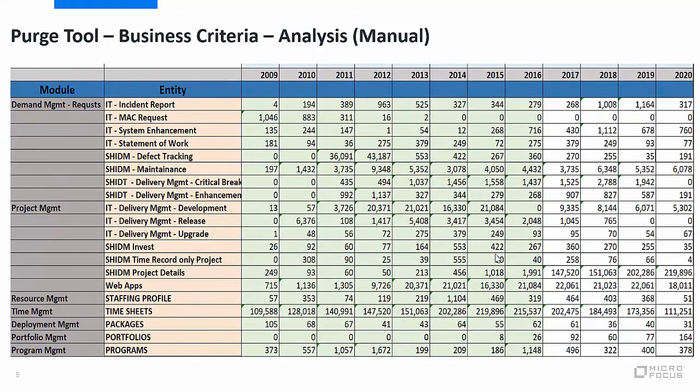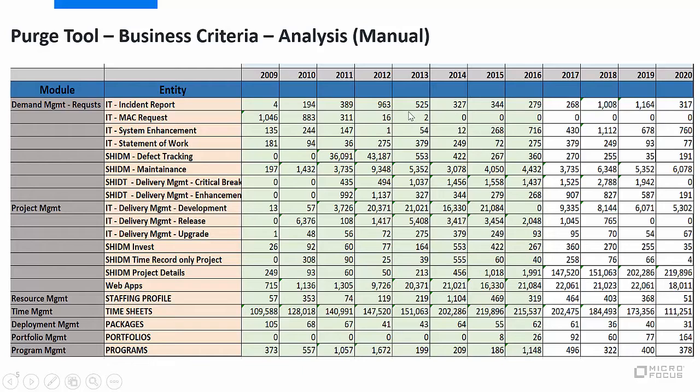before you can scope the purge data for your business. In this example, this organization has been using the PPM product from 2009, and they have these many request types, project types, staffing profiles, timesheets, packages, portfolios, and organizations in the system currently.